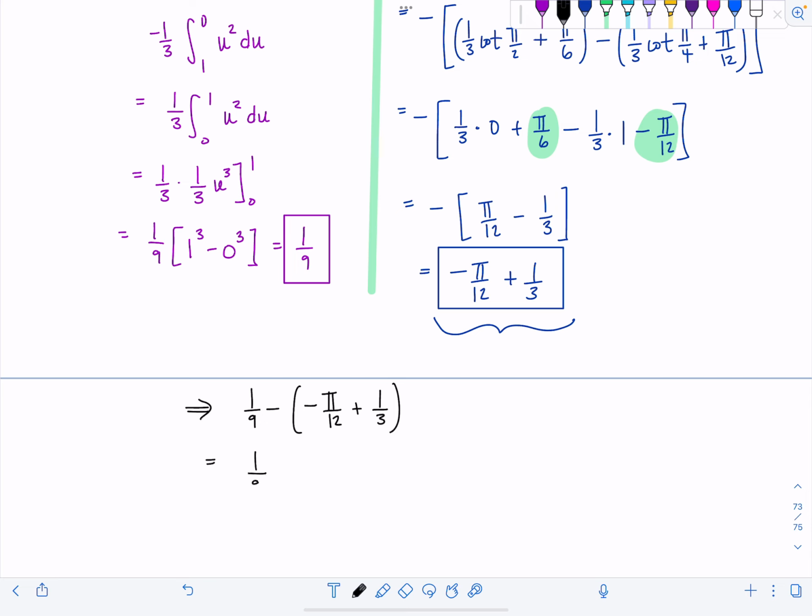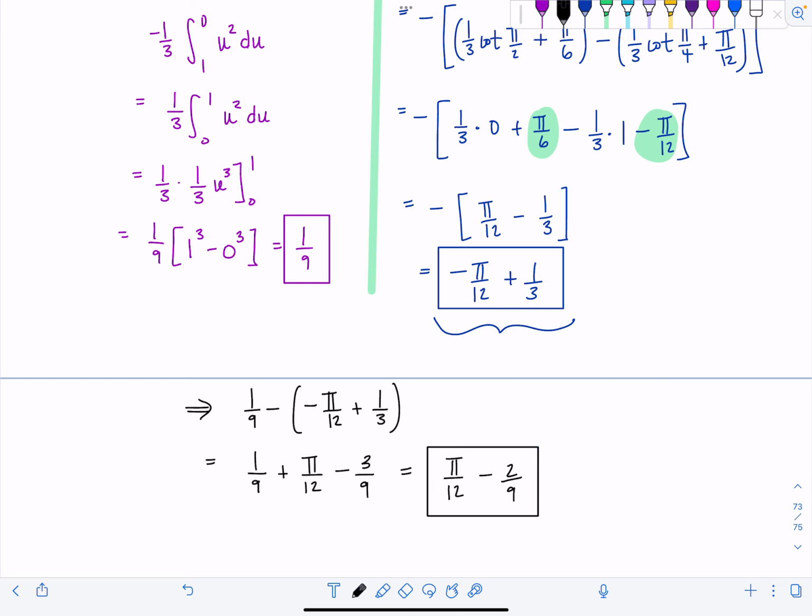So that's 1/9 plus pi over 12 minus 1/3. 1/3 is, why yes, 3 over 9. So this is pi over 12 minus 2 over 9. And you are done.